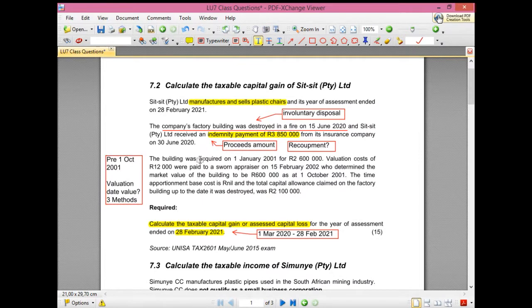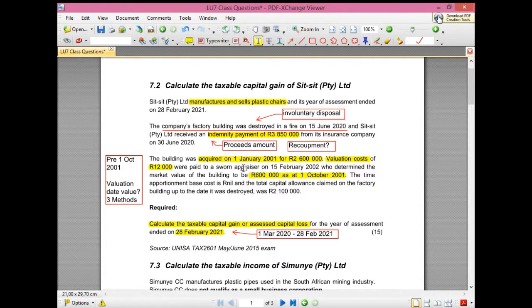Okay, so they said it was acquired for 2.6 million. The valuation cost was 12,000, and we determined the market value of the building as 600,000 on 1 October. So we acquired it for 2.6 million, which was the original cost. Valuation cost was 12,000.